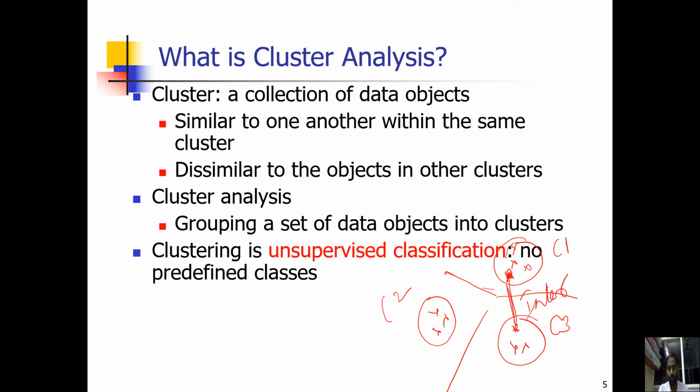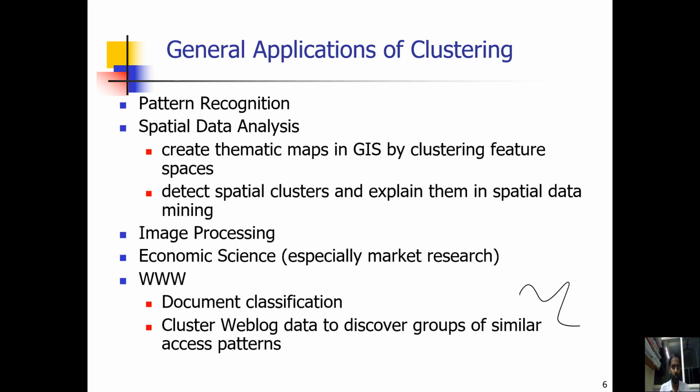If you take any two objects in a particular cluster, that is called intra-cluster. So a good cluster is formed with high intra-cluster similarity and low inter-cluster similarity. That is called a good cluster.